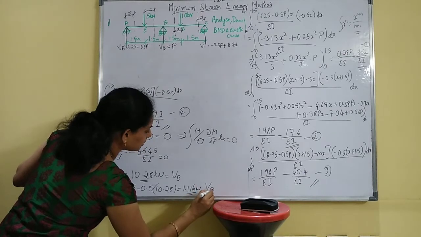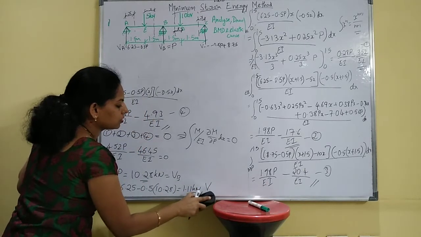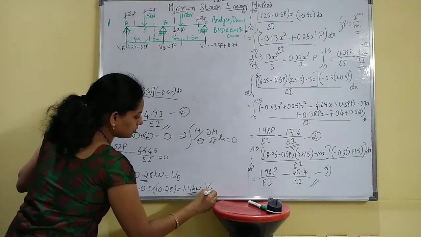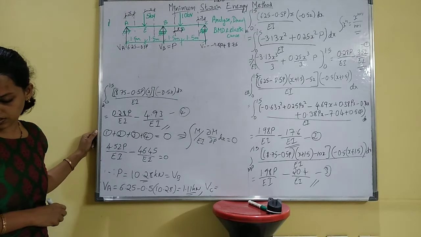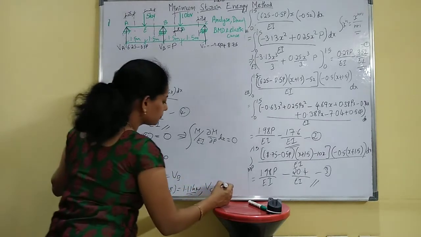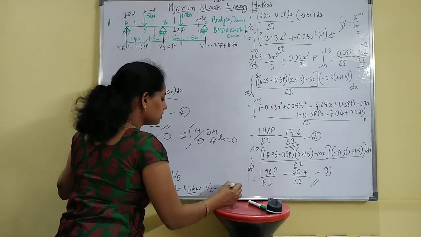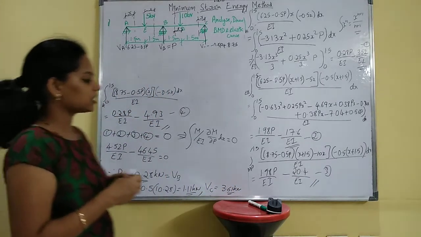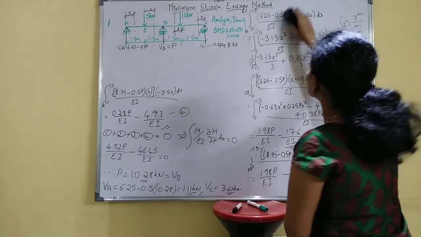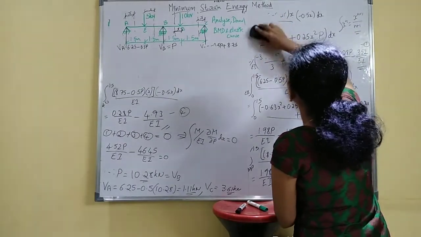Similarly, substitute back and get the value of VC. VC is nothing but 3.61 kilonewton. Okay. Once this is done, to draw BMD, just do BMD calculation.